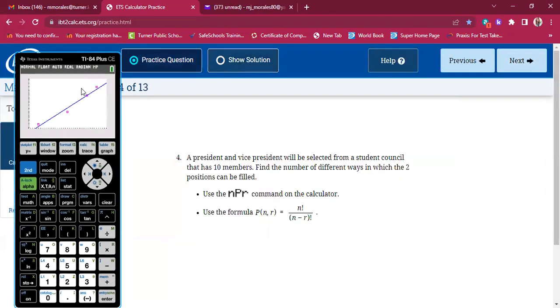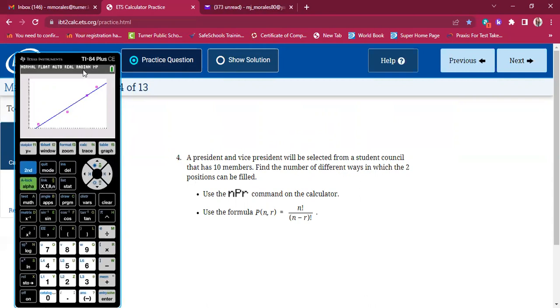Okay, what about this one? So a president and a vice president will be selected from a student council that has 10 members. Find the number of different ways in which the 2 positions can be filled. So we will be using a permutation.